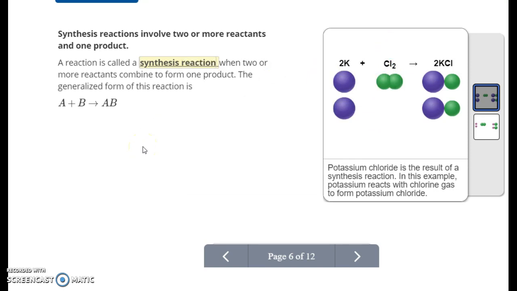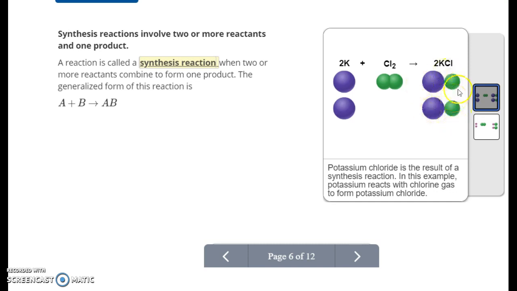A reaction is called a synthesis reaction when two or more reactants combine to form one product. The generalization, again, is A plus B yields AB. So I'd put this example in your notes, and then also that multiple reactants combine to form one product. Well, here we have two atoms of potassium that are going to react with a dichloride molecule and produce two molecules of potassium chloride.